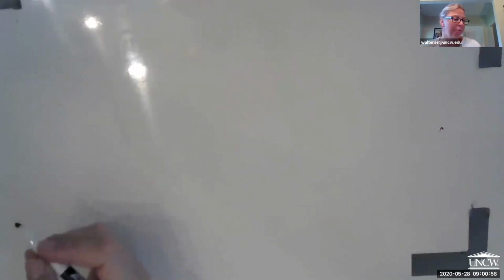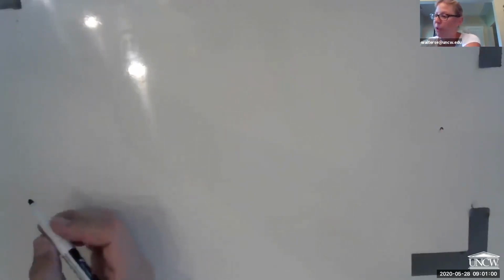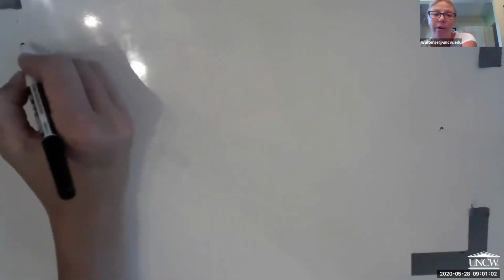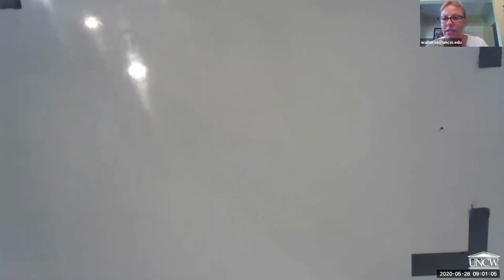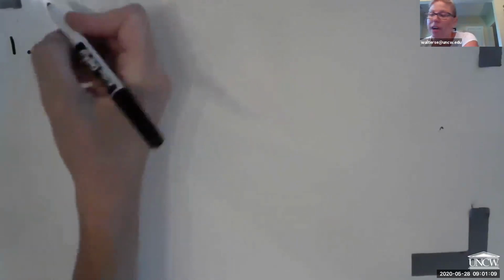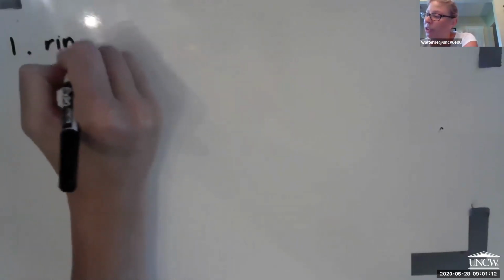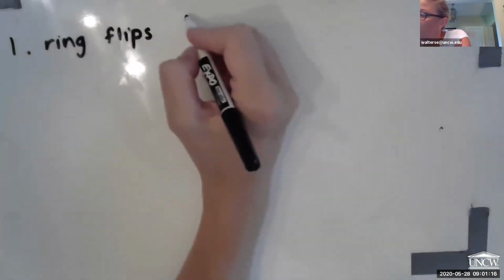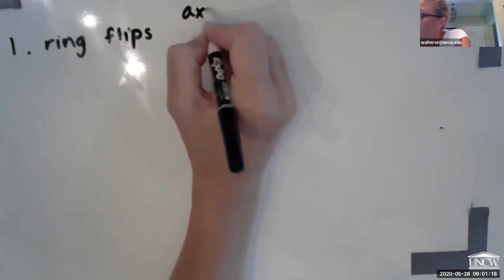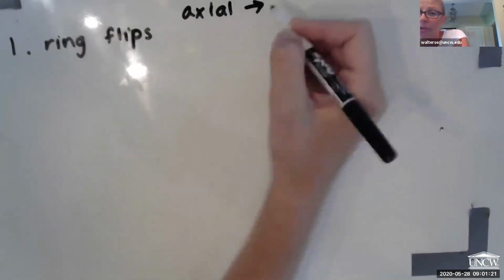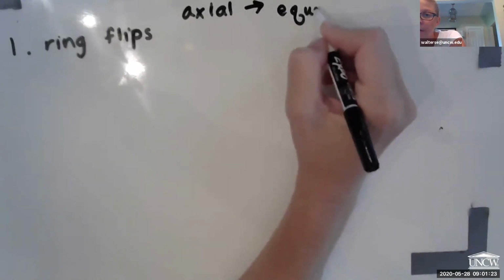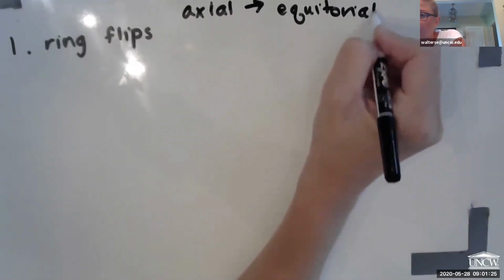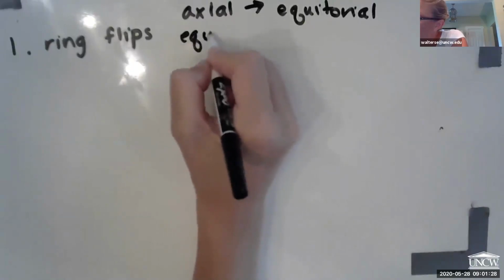So we're kind of in like a 4.11, 4.12, 4.13 area. And what we've already covered, let me hide this so you can see more, is we've covered the ring or the chair flips. And we've covered axial positions becoming equatorial and equatorial becoming axial.